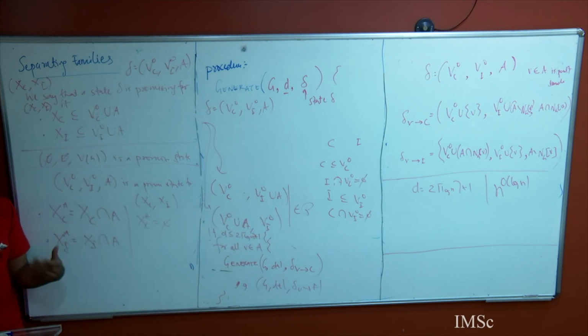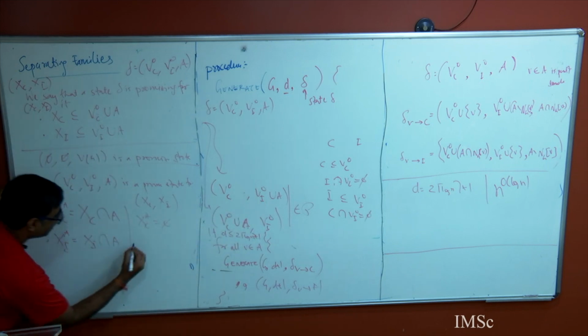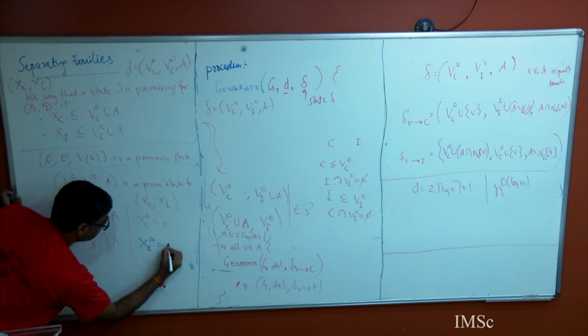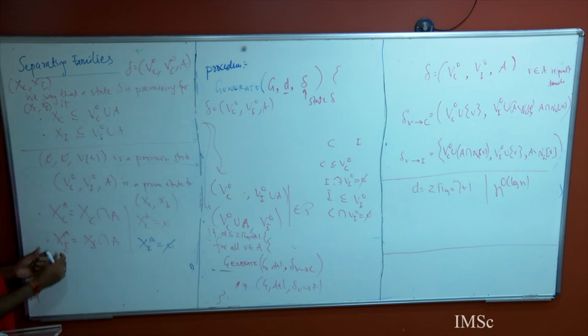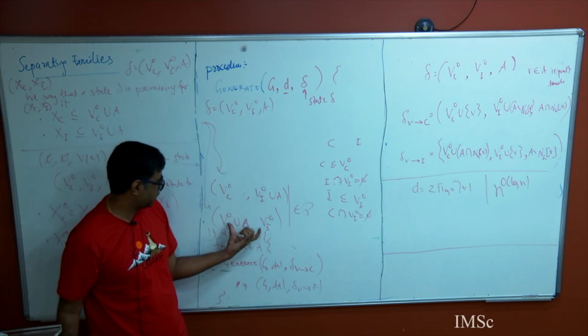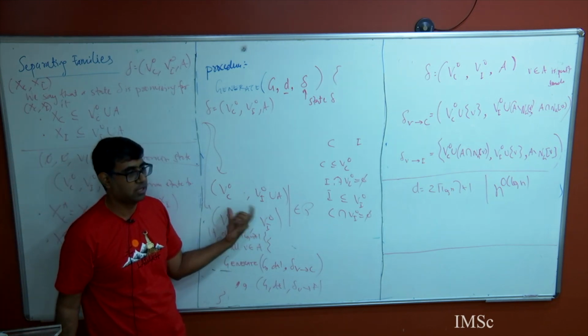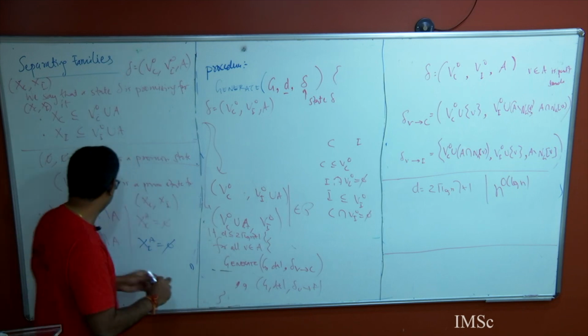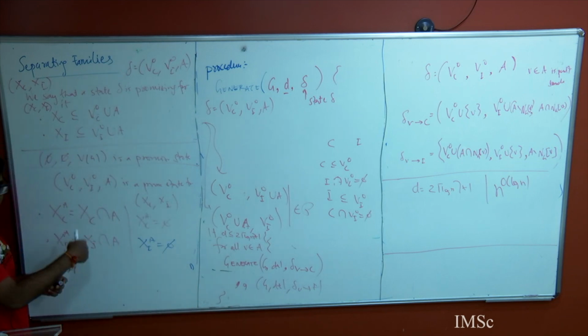So this is happening. Similarly, if XIA equals empty, it means all the independent set vertices are already in VI0. Then I should just put A in VC0 and I would have got it. And this is why this partition is okay. Okay. So now we are in the case when at least one of them is non-empty.